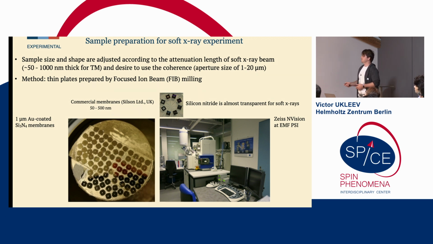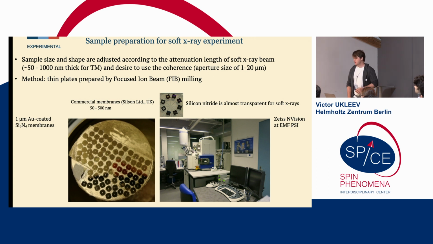A 50 nanometer thick silicon nitride membrane would give you almost 100% transmission. And you can easily buy them from commercial companies. Then, as the next step, we also coat them with a 1 micrometer layer of gold. I will explain why we do that in a minute.